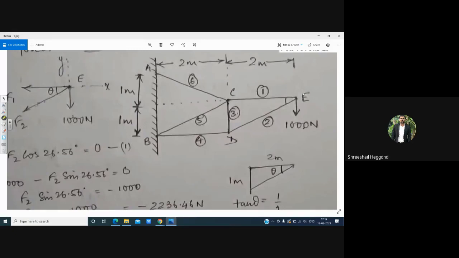Now E joint is done, D joint is done. E joint gives values for members 1 and 2, and D joint gives values for members 3 and 4. Members 5 and 6 are remaining. By considering joint C, you need to calculate the values for 5 and 6.